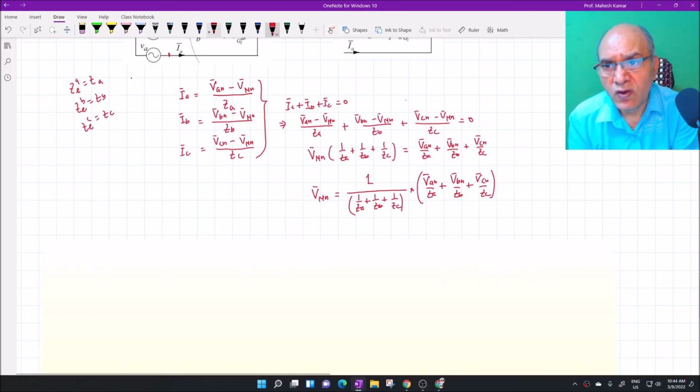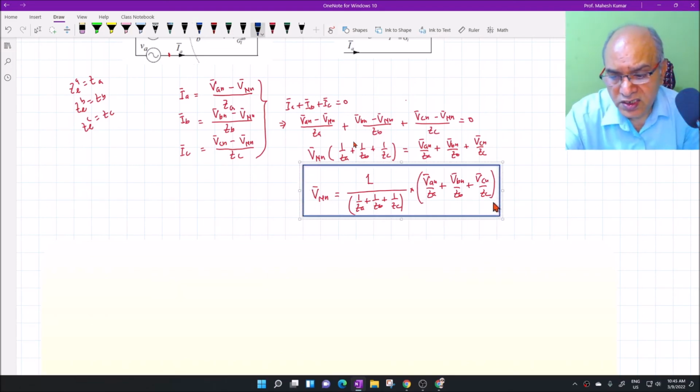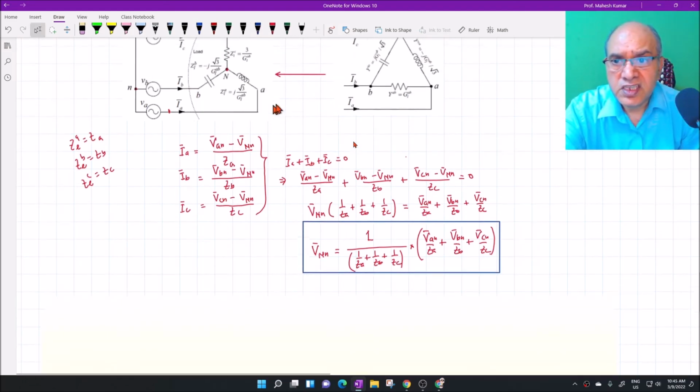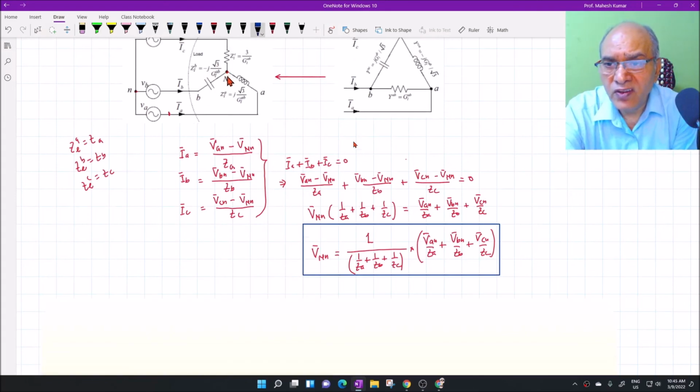This is the expression for neutral voltage, and this voltage is the voltage between this N and this N. So I am finding the voltage of this neutral point with respect to this neutral point.